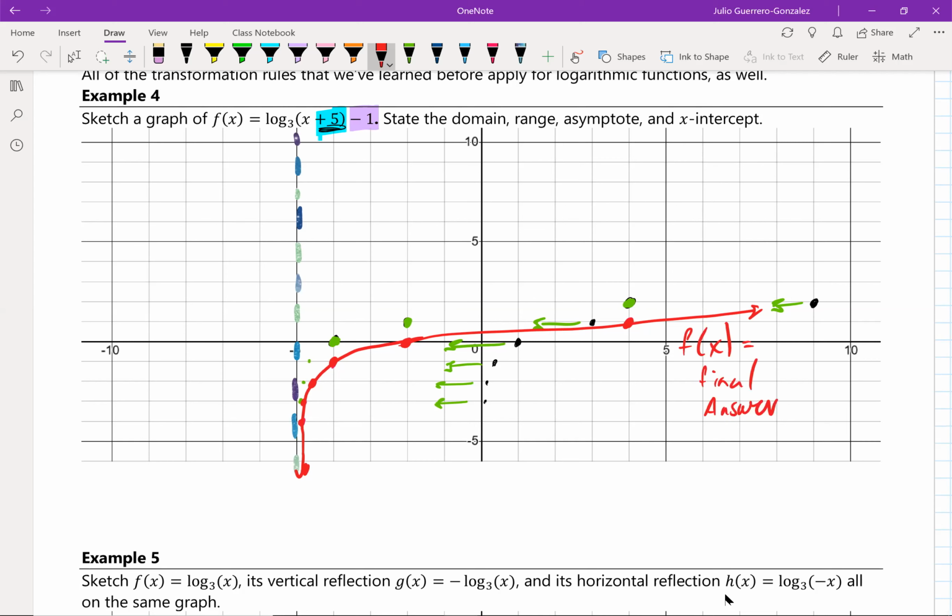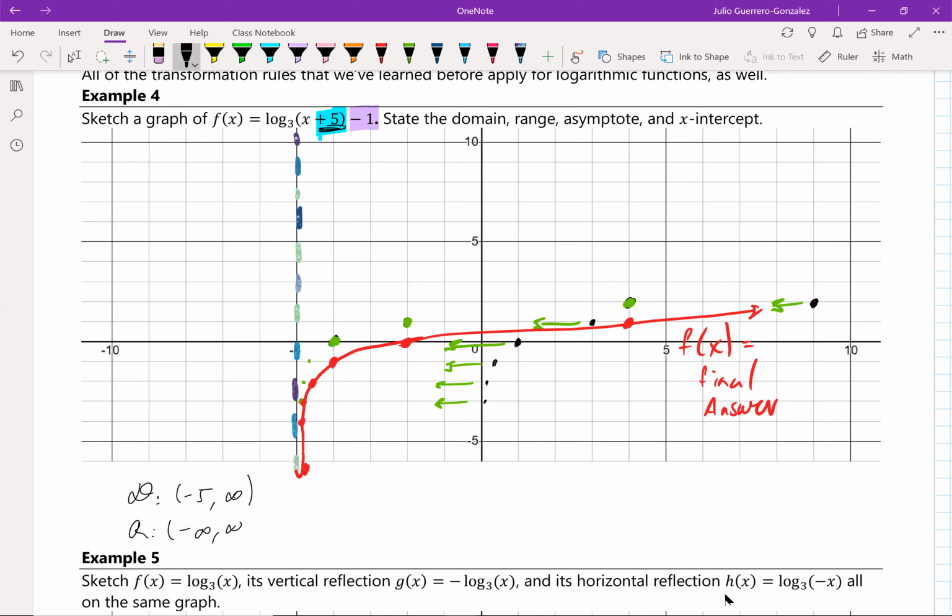So our red one would be the final answer. So, domain: -5 to positive infinity. Right. -5 to positive infinity. Range. Would it be negative infinity to positive infinity?